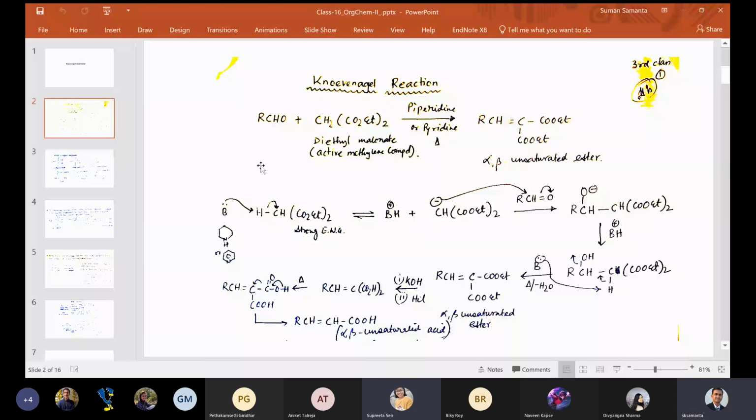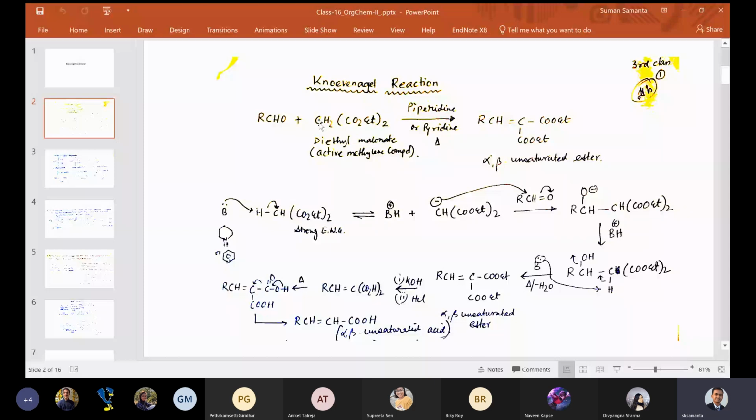As we said, this methylene group has to be active, so we put two electron withdrawing groups on this methylene group to make it an active methylene compound. The idea is you take CH2 and add two electron withdrawing groups instead of one. Then these two hydrogens become very, very acidic.